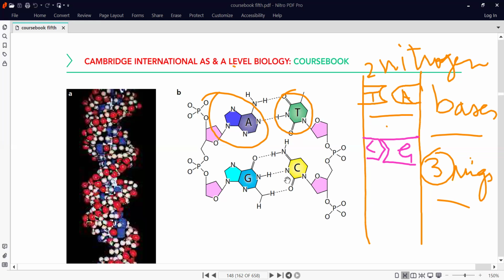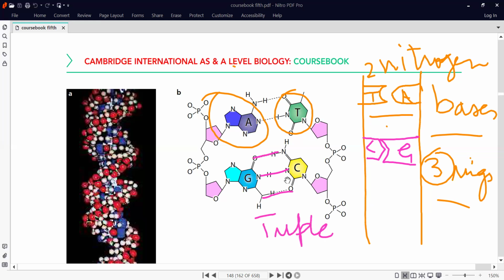G with C. But someone asked them, what if they switch T with C? Both are single ring structures? They said no, because C is complementary to G and they have triple hydrogen bonds. How many?